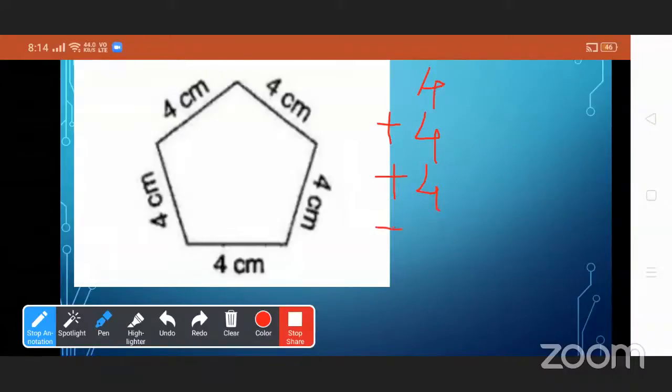So 4 plus 4, 8, 8 plus 4, 12, 12 plus 4, 16, and 16 plus 4 is 20. The perimeter of this figure is 20 centimeters. Good.